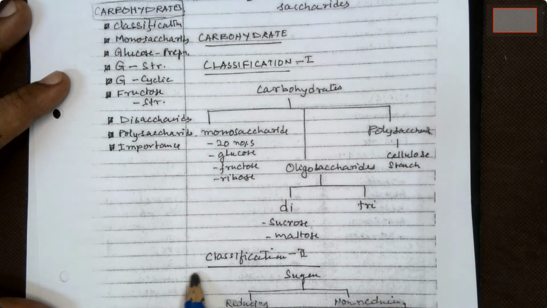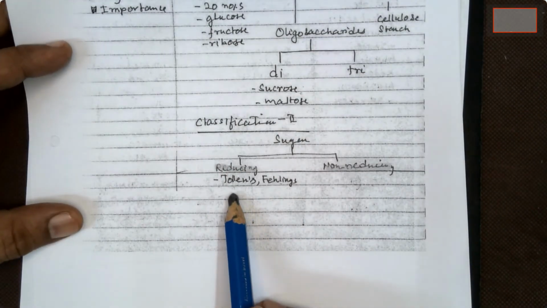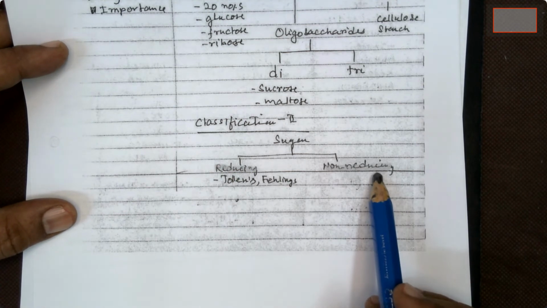It can also be classified in a different way based on the reaction. For example, sugars can be reducing type and non-reducing type. Reducing sugars can be identified by using Fehling's reagent or Tollens reagent, and then non-reducing sugars.